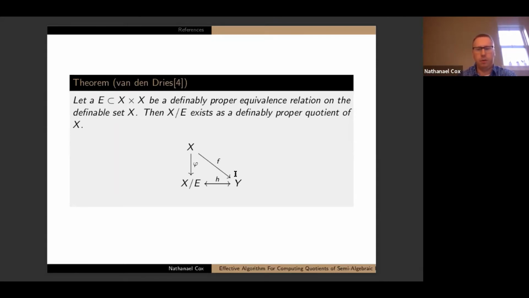Definable is just a slightly more generalized concept.